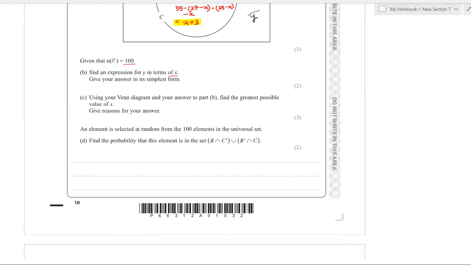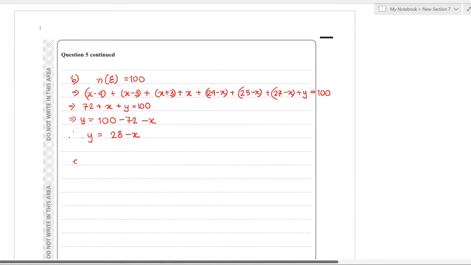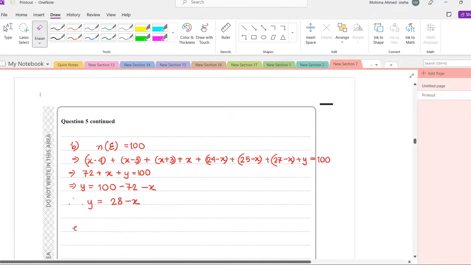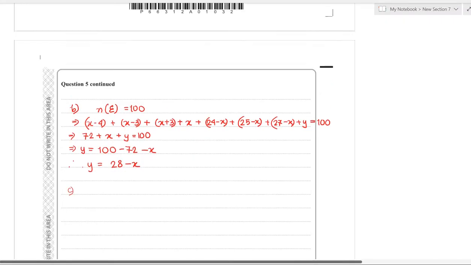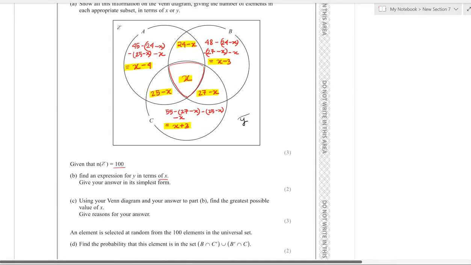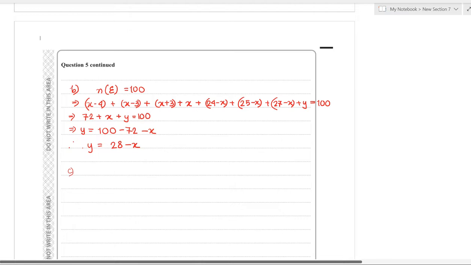Okay, so for part C, the greatest possible value of x means that 24 minus x or 25 minus x or 27 minus x, all the variables should always be greater than or equal to 0, and the value for y that you actually found in part B, that was 28 minus x, should also be greater than or equal to 0.